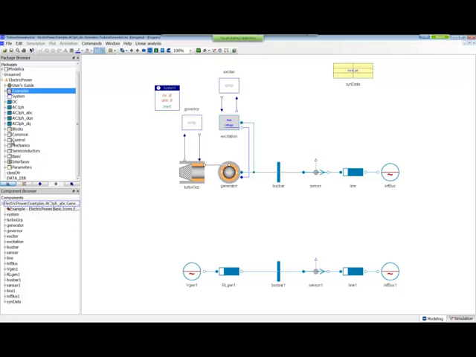Okay. We also have this controls block consisting of exciters, governors, relays, and so on. Exciters are used for the generators, of course.